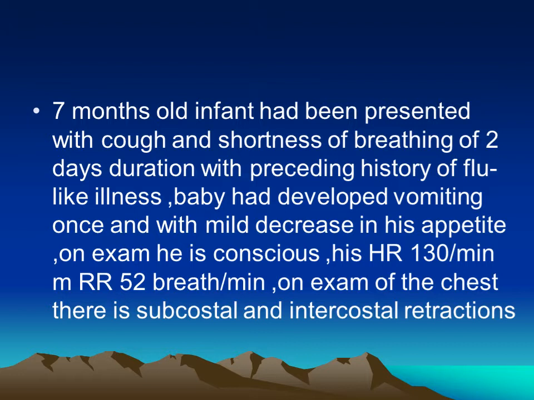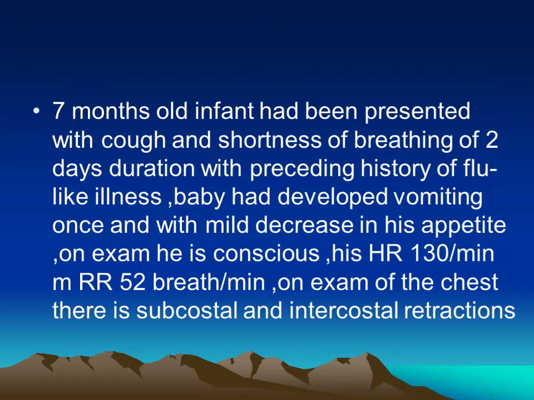An example of this case history: a 7-month-old infant presented with cough and shortness of breathing of 2 days duration, with a preceding history of flu-like illness. The baby had developed vomiting once and a mild decrease in his appetite.